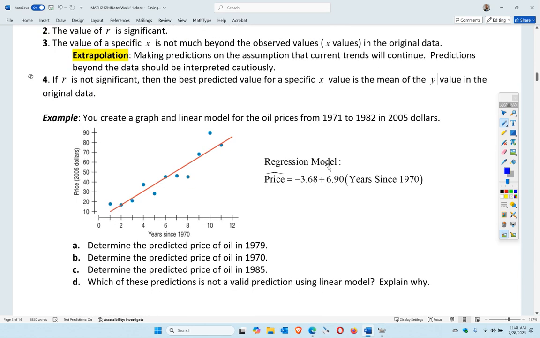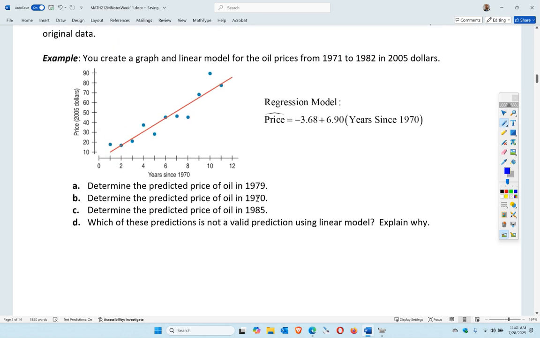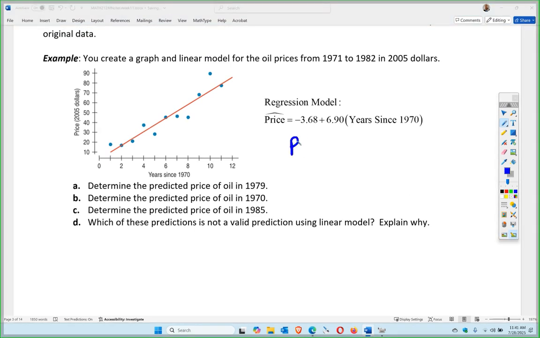Okay, so let's say we get the data, prices from 71 to 82, and we have a model here, years since 1970. So here's my model. Determine the predicted oil price in 1979. If I wanted to do this, I would write price with a hat, or this, which means predicted, basically.